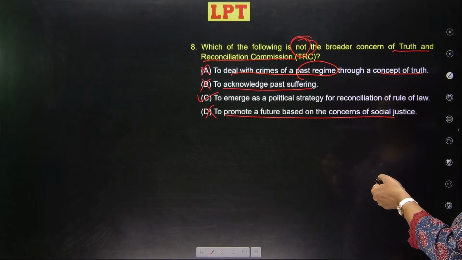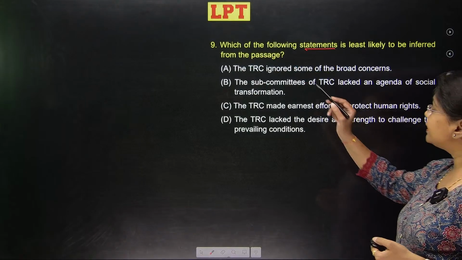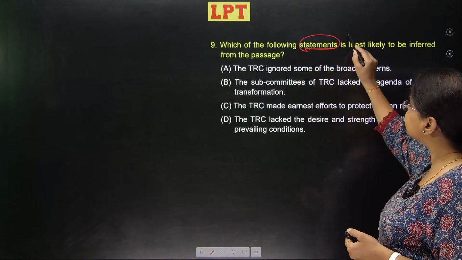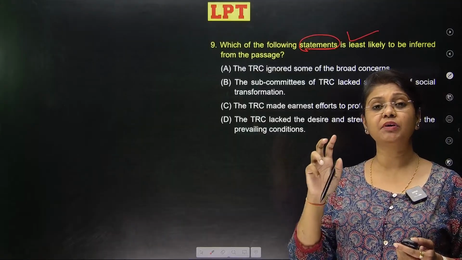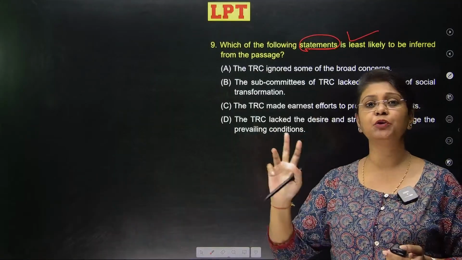Now it says which of the following statements is least likely to be inferred from the passage. So we are looking for an option that is least likely to be inferred.